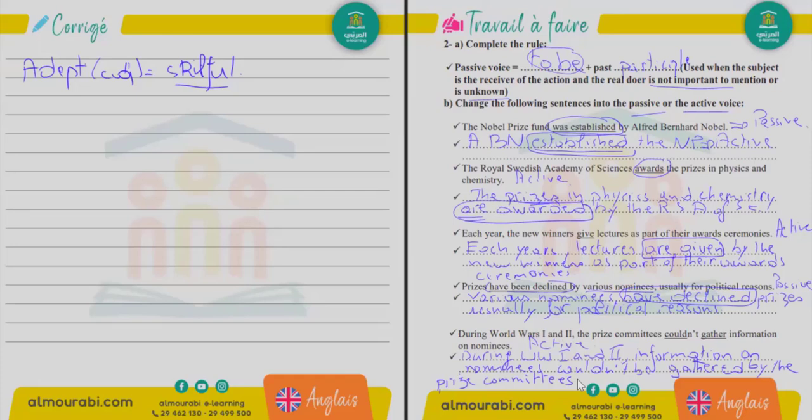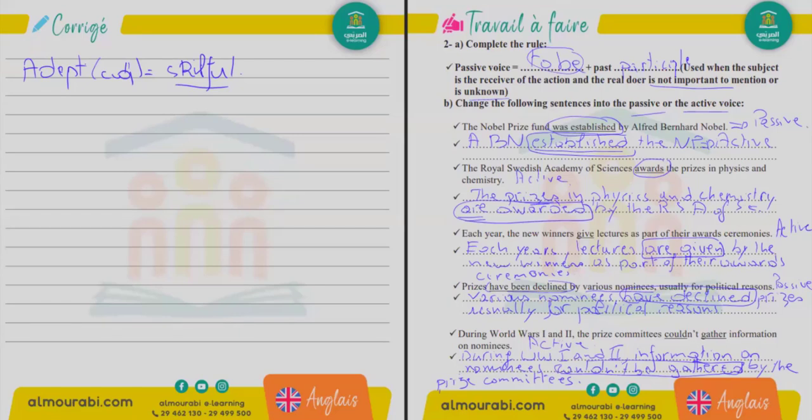Full stop. Now the passive form is clear: couldn't is a modal verb, and you put just be plus past participle after the modal verb. That's for the passive voice.